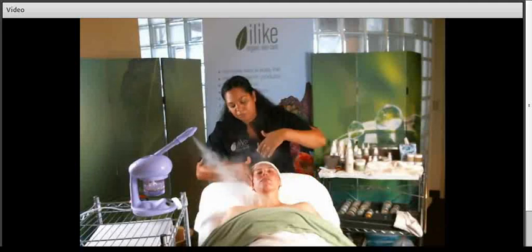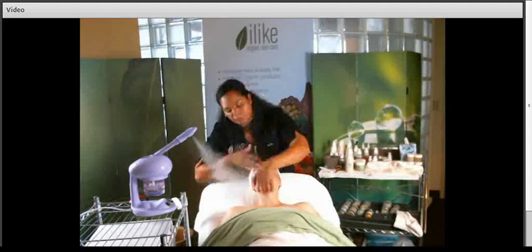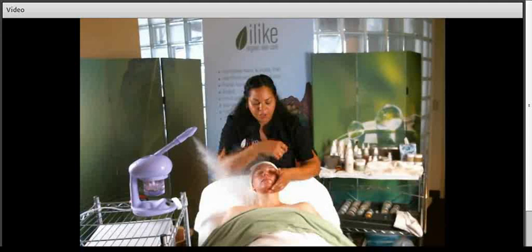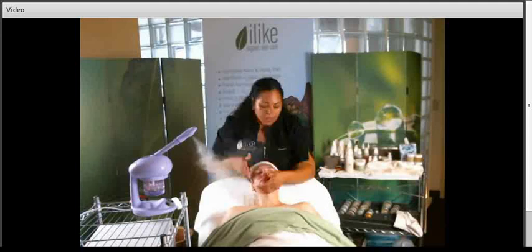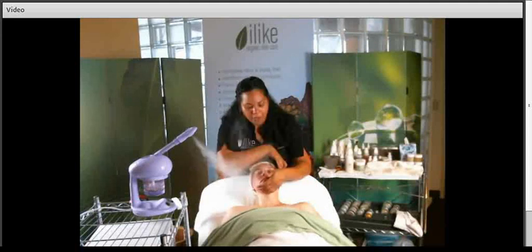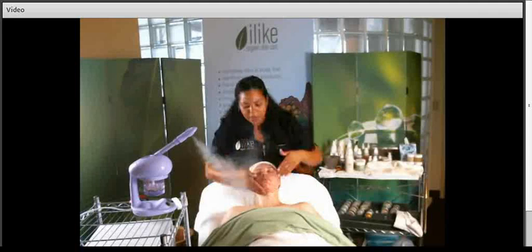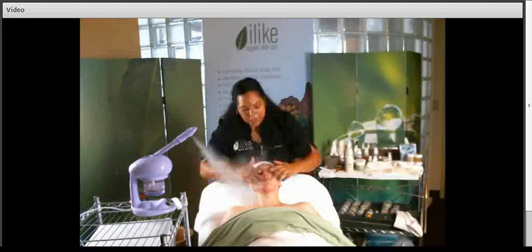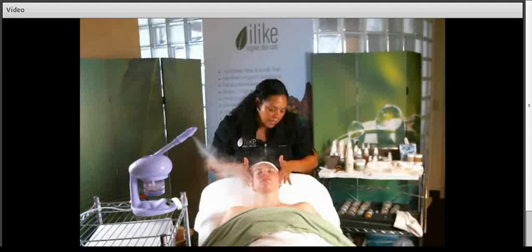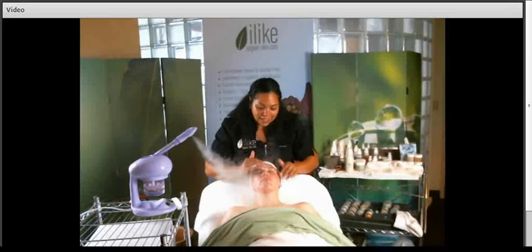I'm going to complete the rest of the massage, avoiding a lot of movement on the chin area, because that's where I notice most of the inflammation is on her. We're going to concentrate more towards the cheeks and around the hairline and on the nose is where we're going to concentrate the massage.